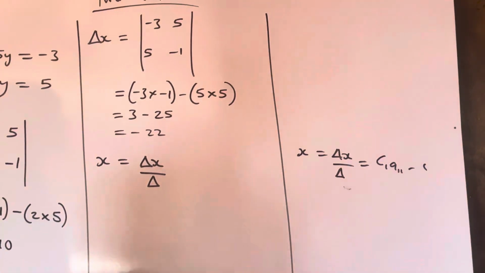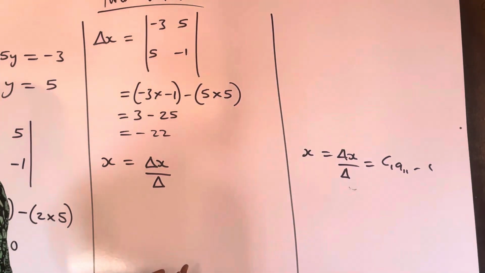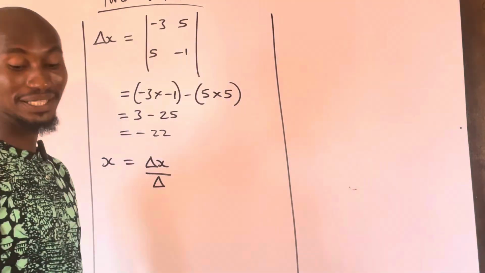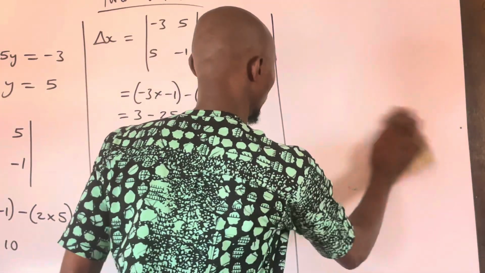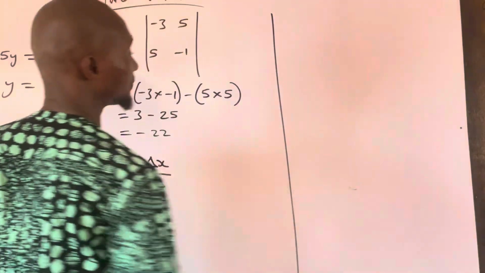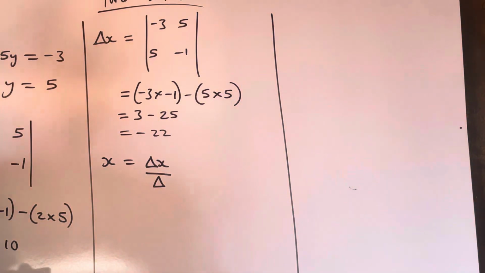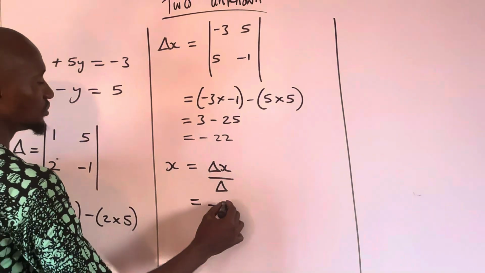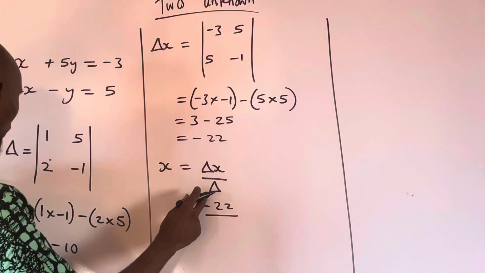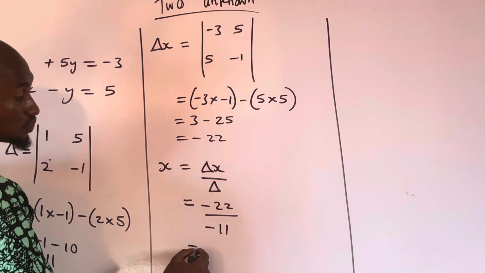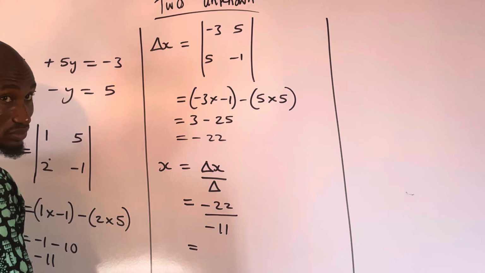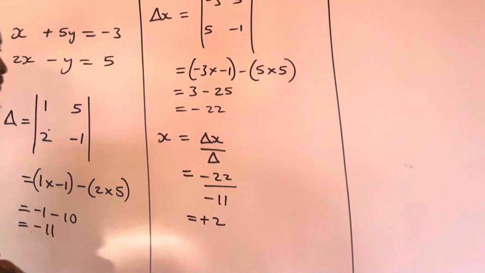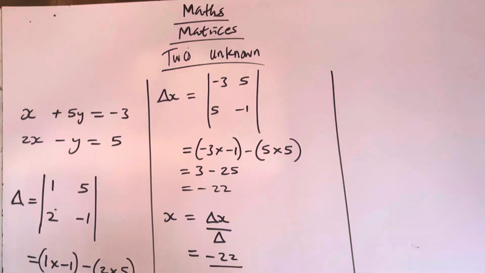I'm going to drop the link of that video below this video so that you have a balanced perspective on this. So what do we obtain from this? We have minus 22 over minus 11. So this will give us plus 2. So our x now is plus 2.